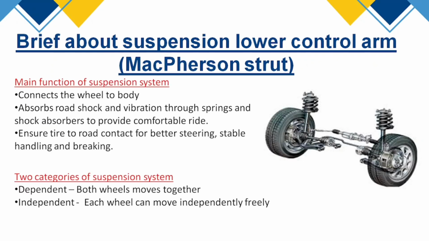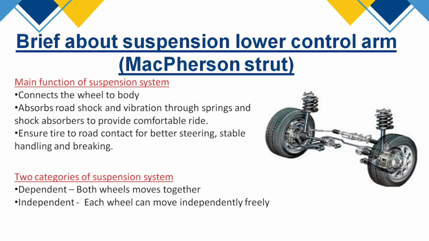So in general, the main functions of suspension systems are to connect the wheel to the body, and while going on the road, a lot of road shock and vibration comes to the vehicle, so to absorb the shock to provide a comfortable ride, to ensure the tires are always in contact with the road for stable handling and steering and braking.